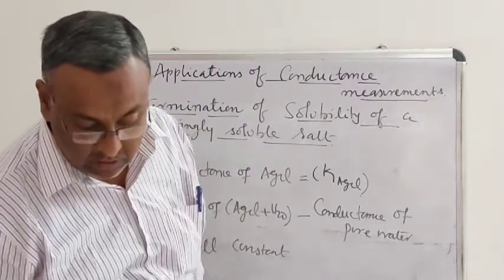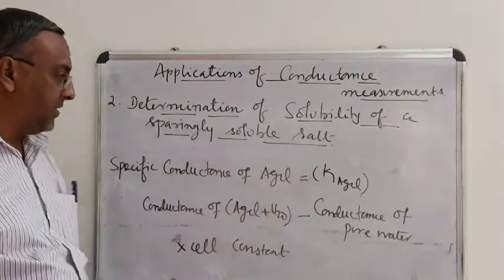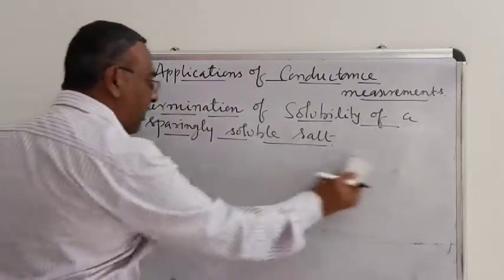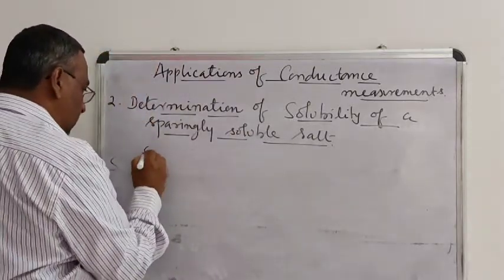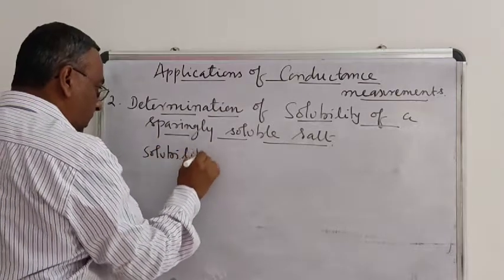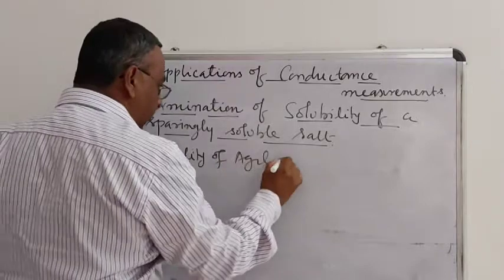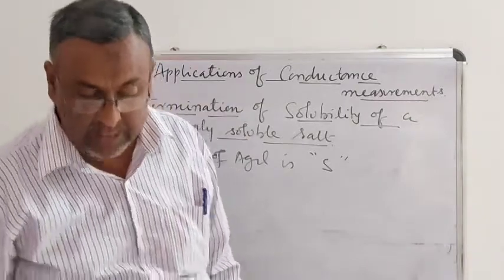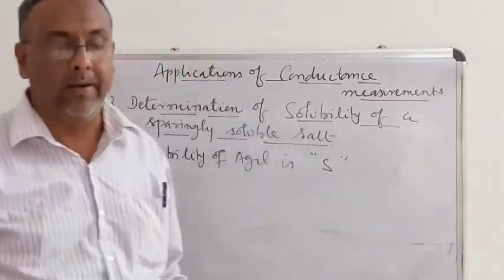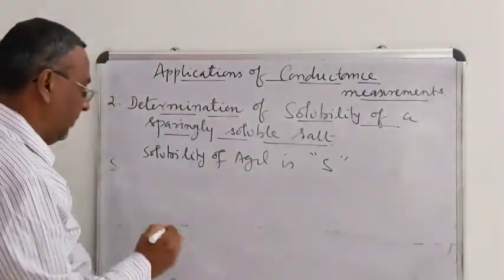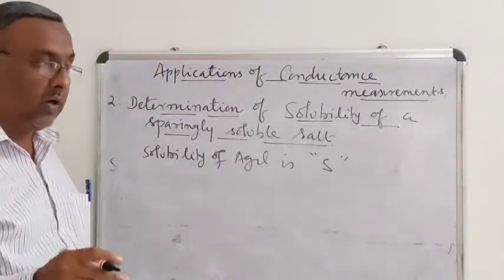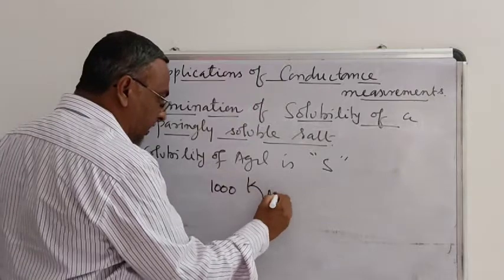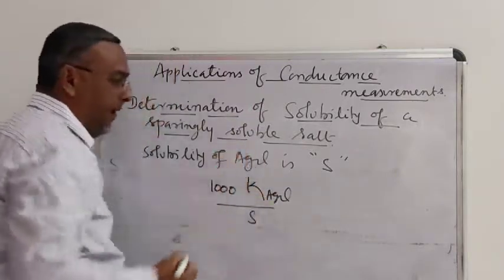For example, suppose this value is taken as K. Suppose the solubility of silver chloride is taken as S. Then the volume of solution containing 1 gram equivalent of electrolyte is nothing but 1000 into kappa of AgCl divided by solubility.